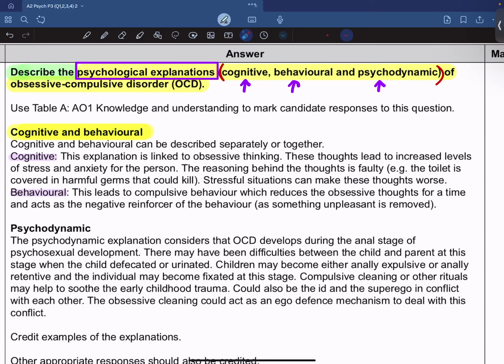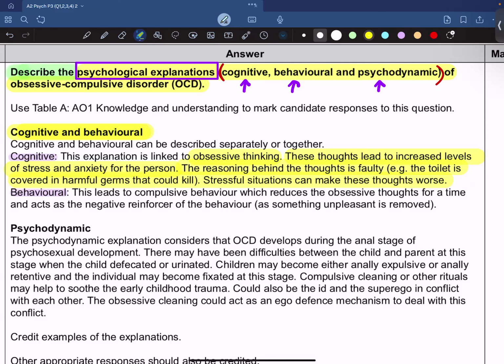This explanation is linked to obsessive thinking. These thoughts lead to increased levels of stress and anxiety for the person. The reasoning behind the thoughts is faulty. Example, the toilet is covered in harmful germs that could kill.